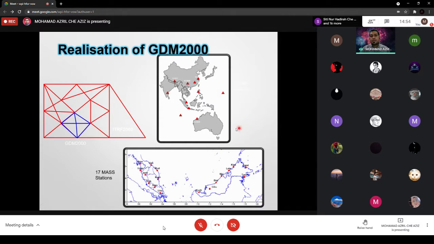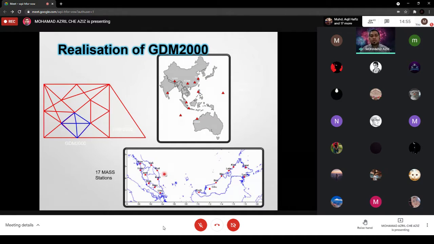Okay, so if you look here, the IGS stations cover the surrounding area, globally. And then we have 17 MASS stations that cover Peninsular Malaysia and Sabah Sarawak. One of them is in Arau, a MASS station in Arau.